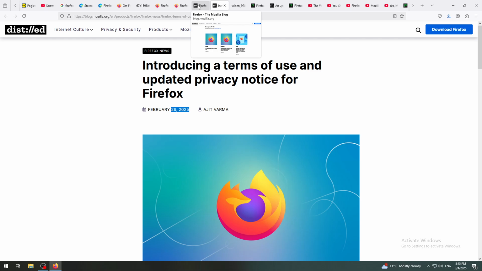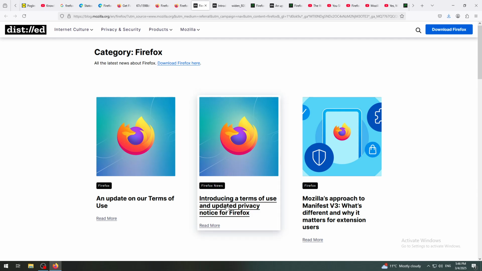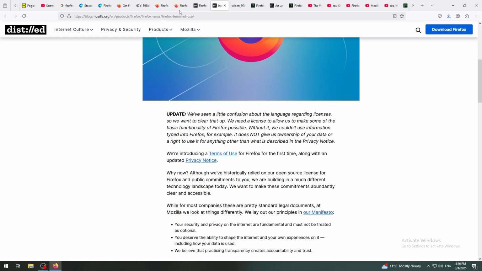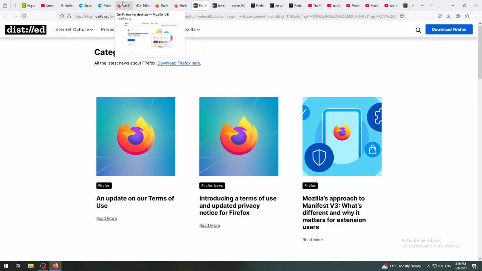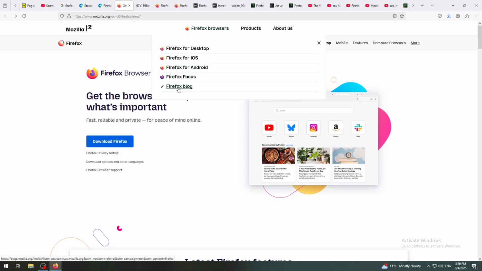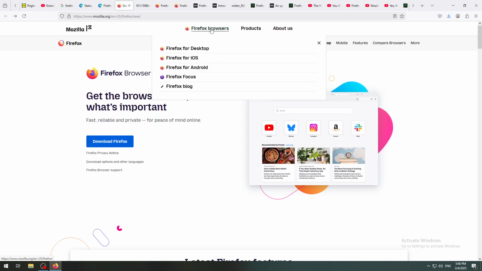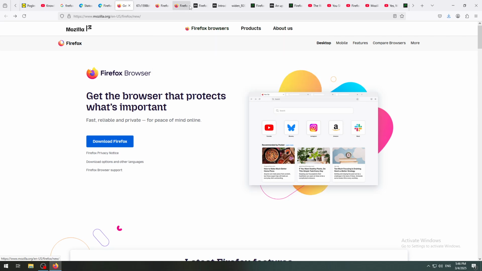We're now on March 4th, and they introduced terms of use and a privacy notice for Firefox on February 26th. You can go to that page when you click on the Firefox blog, I think. Yeah, so home page, then Firefox browsers, Firefox blog.